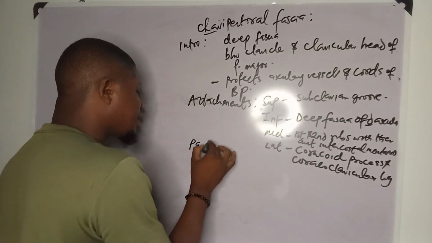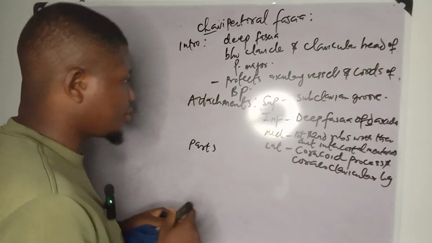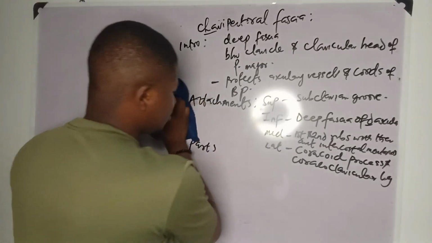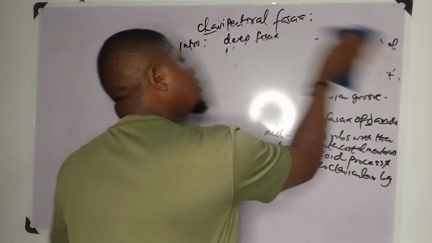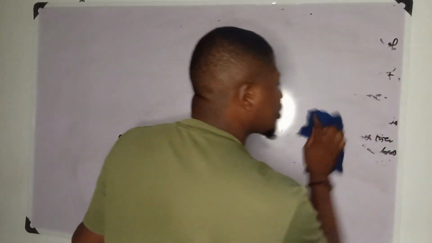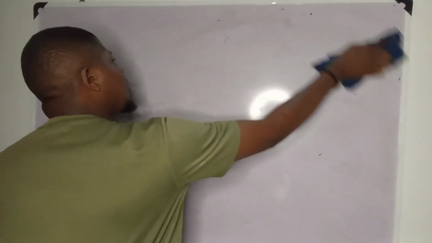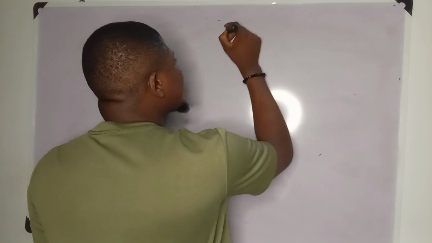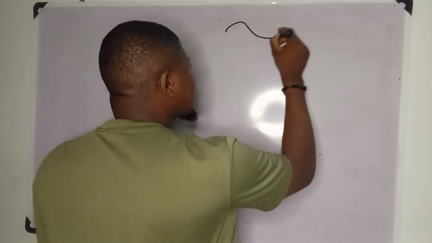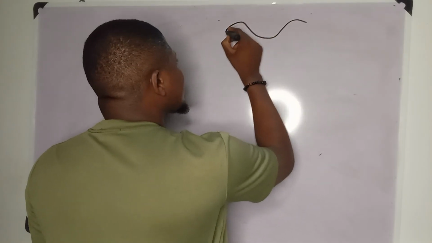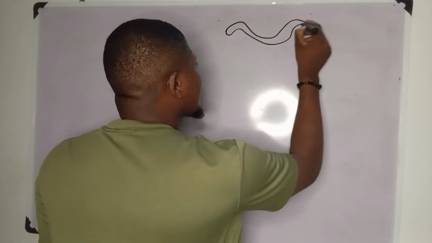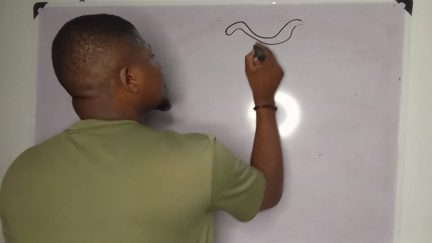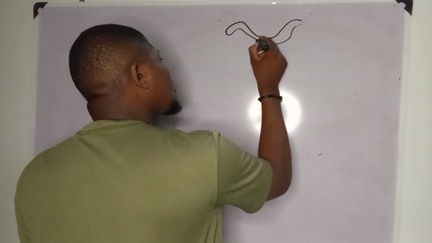Then the next one is parts. Don't worry, let me draw it so you understand the parts. If you come to parts of the clavipectoral fascia, let's say this is the subclavian groove.